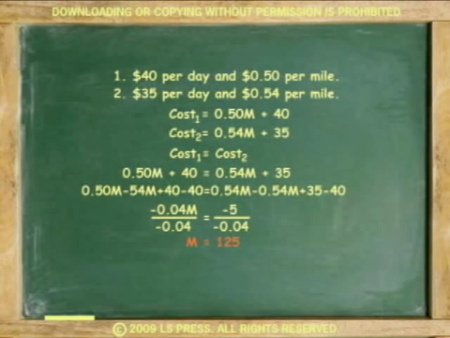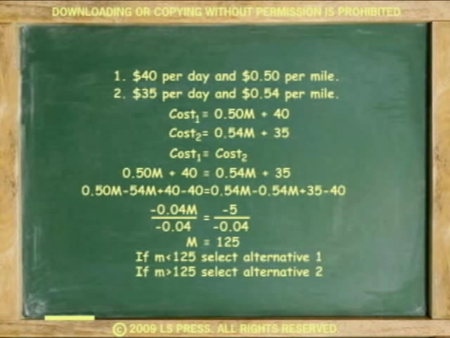At 125 miles driven, the costs are equal. This means if you drive less than 125 miles, select the lower cost per day and higher per mile rate. Drive more than 125 miles, select the higher per day rate and lower per mile rate.